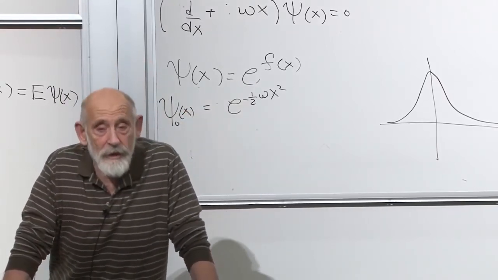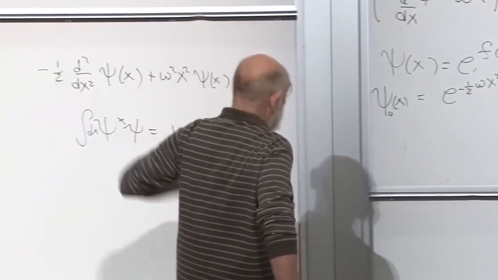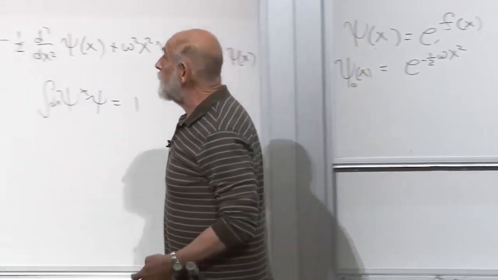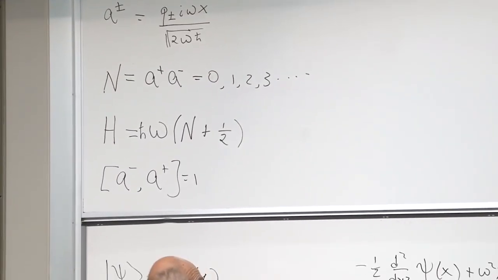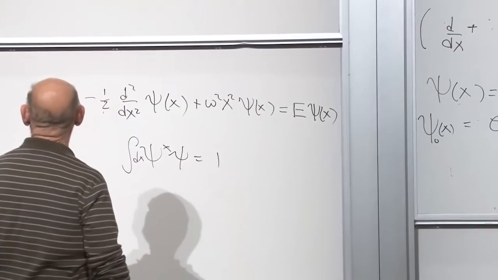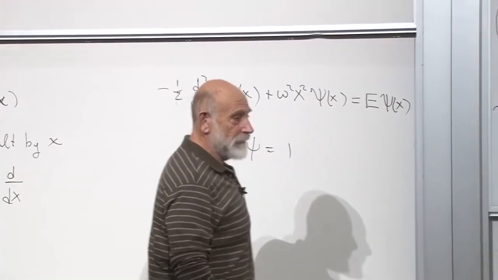And so we've succeeded in finding, now we could go back and check that the original Schrodinger equation is satisfied. In other words, we could plug this wave function into the Schrodinger Hamiltonian up above and calculate what the energy eigenvalue is. But we already know what it is. It's going to be omega times 1/2.